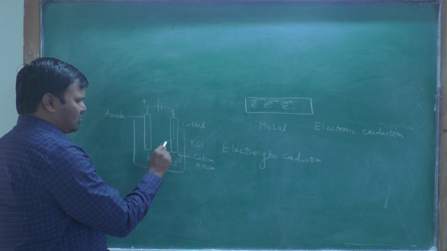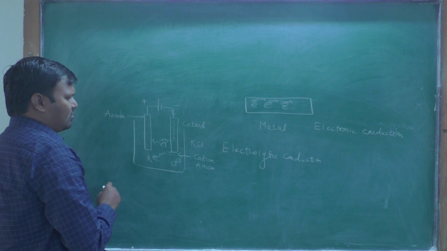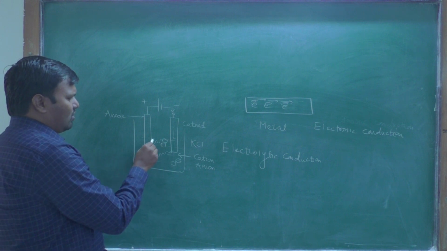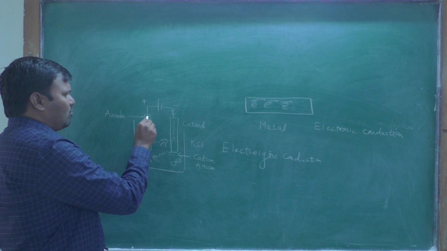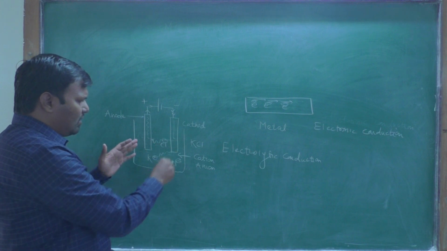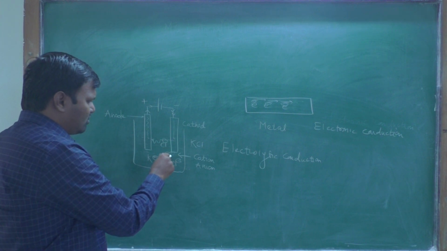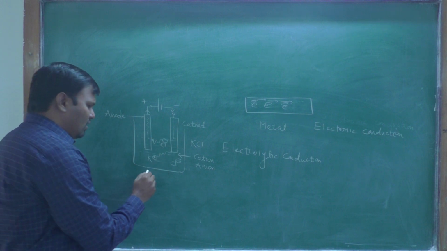The Cl minus moves toward the positive electrode, the anode, deposits there and gives up its electron, and the electron moves on, so the circuit is completed.